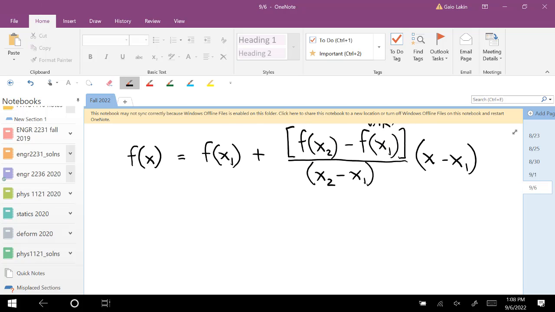Let's just do an example with a random function.